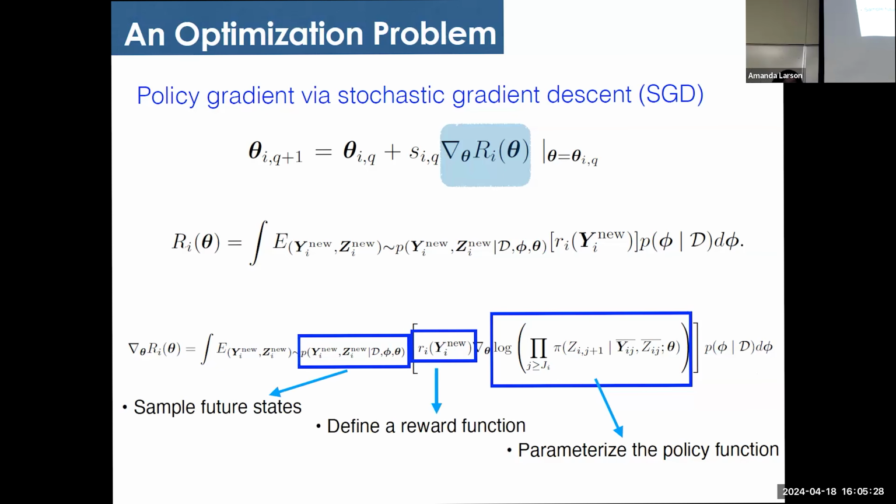And the last part is the reward function. So how can you define a reward function? The formula here is complex, but actually it's only these three parts. As long as we can parameterize the policy function, define a reward function, and sample future states, then we can calculate the derivative and plug it into stochastic gradient descent, and then you can optimize theta.